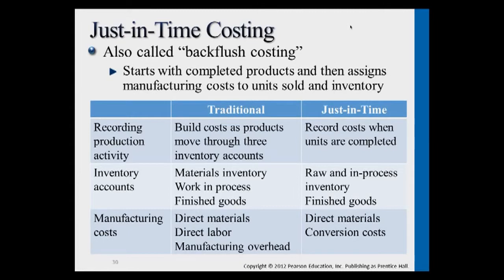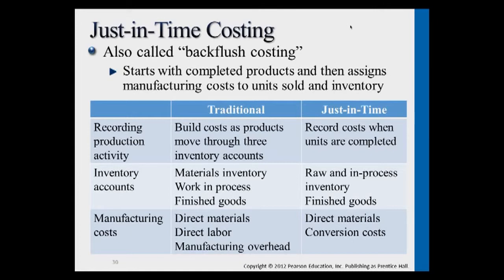I have a question. How are conversion costs different than manufacturing overhead? Well, we've talked about conversion costs. What do you think in just-in-time is the conversion cost? How do you get the raw material to the finished good? It's whatever cost you acquired to convert something from raw material to the finished product. Your direct materials are going to be just direct materials.